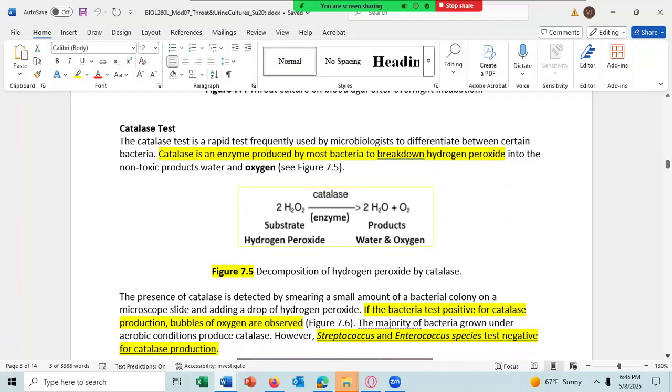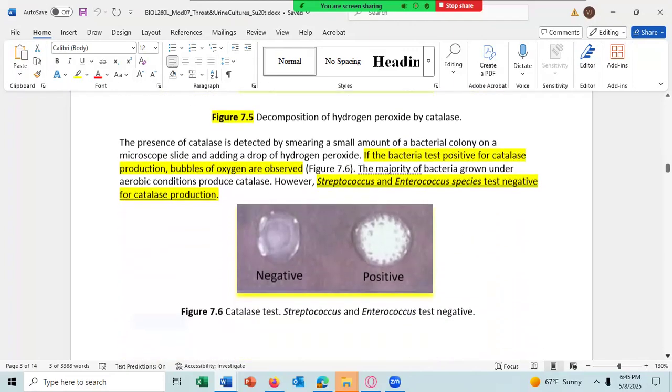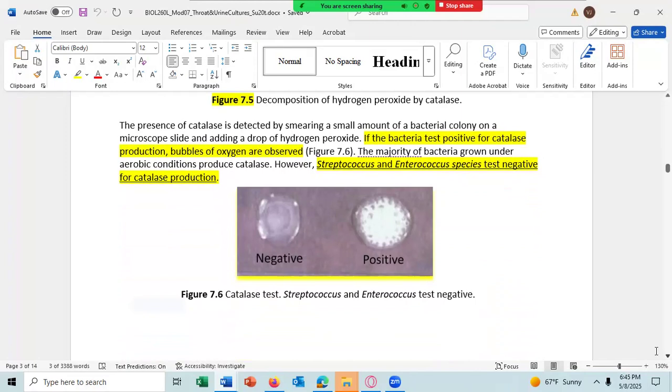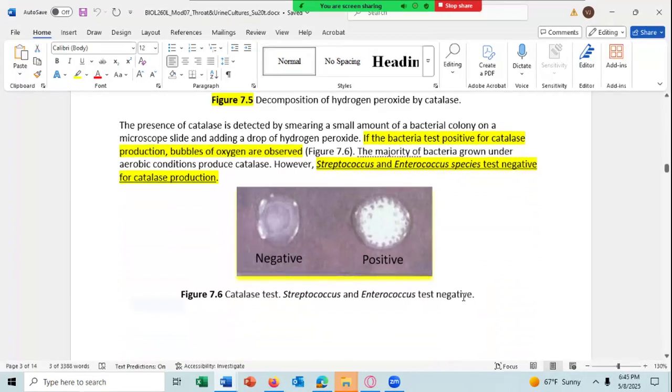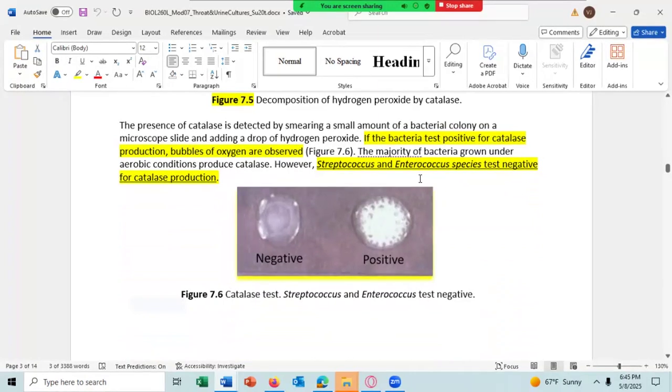And the majority of bacteria that grow in air are catalase positive. However, the families of Streptococcus and Enterococcus are negative for catalase production. But most other aerobes are positive for catalase production.